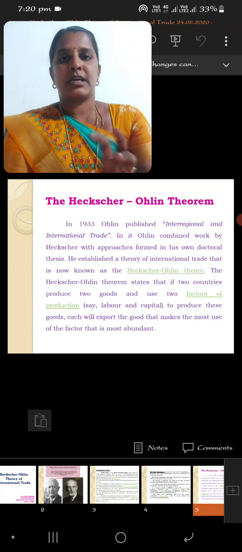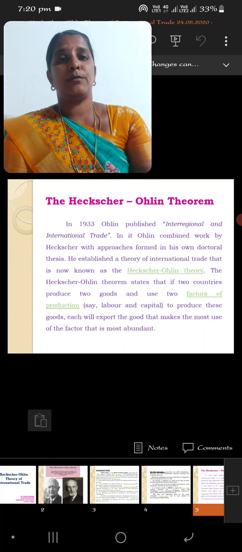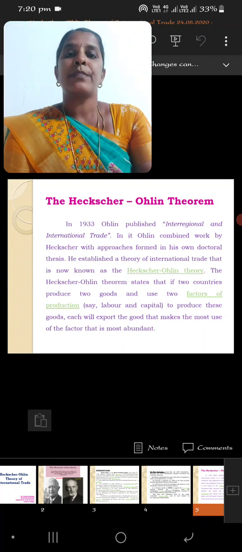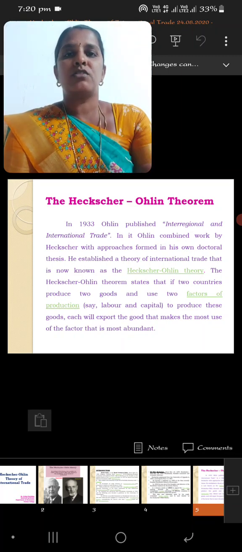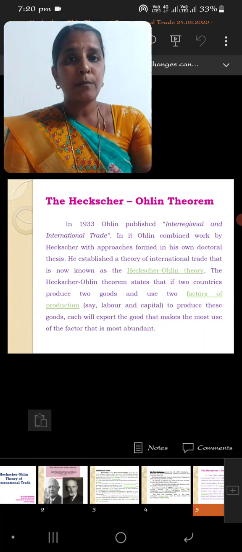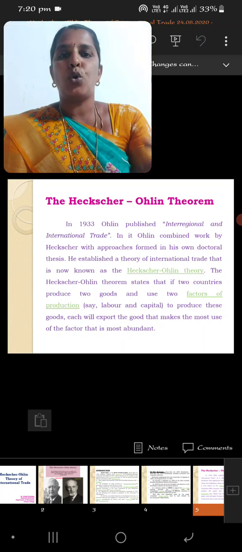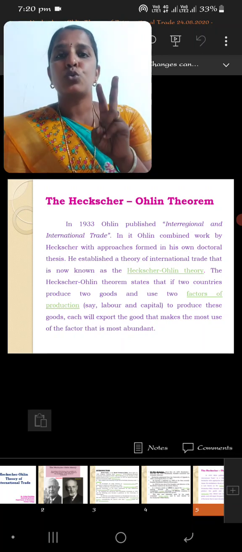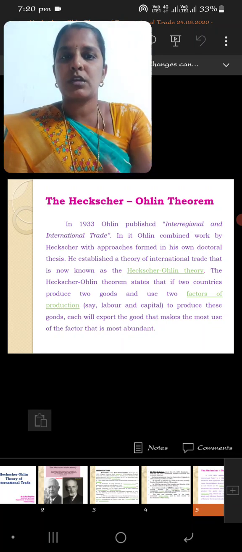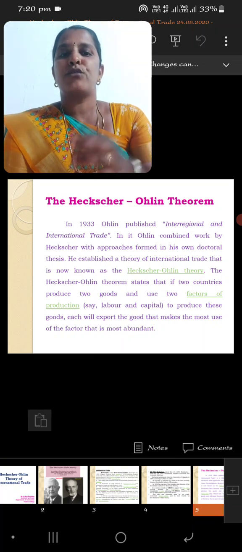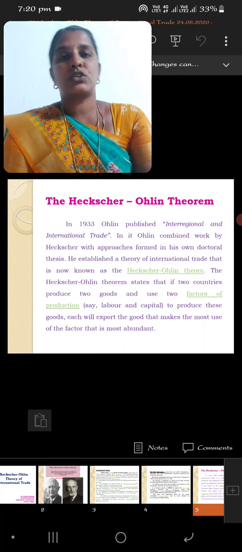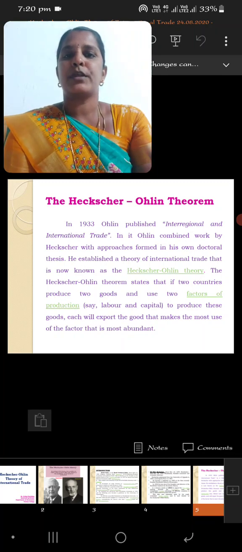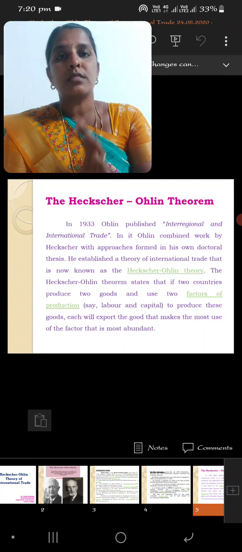Ohlin and Heckscher together formed the Heckscher-Ohlin theory. This theory is named the Heckscher-Ohlin theory. It states that only two countries, two goods, and two factors of production are used. For example, the factors of production are labor and capital, used to produce the goods cloth and wine.